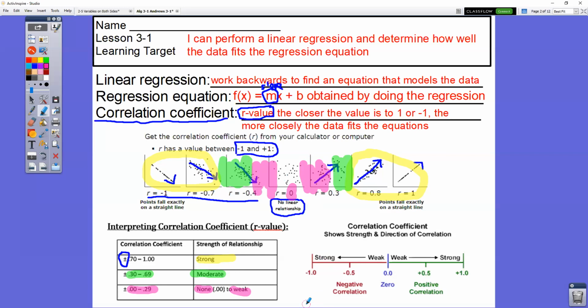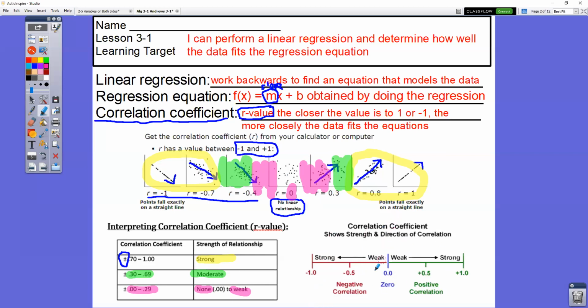For moderate relationships, you can still see the general trend of the line, but it's not a perfectly straight line. And as we get closer and closer to that middle, no relationship, the dots get farther and farther apart. And this will make more sense when we actually start doing questions.